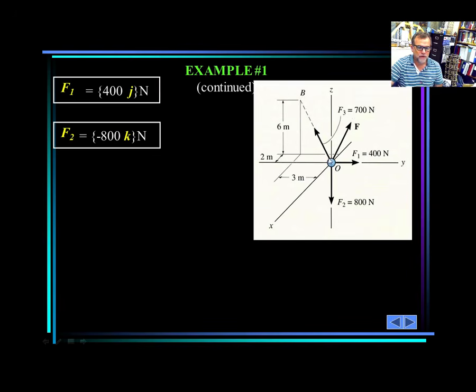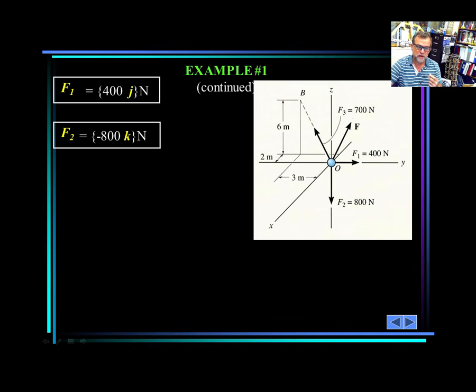And now we have the force F3. We know the magnitude. Look at that: coordinates of this point, coordinates of that point. Immediately when you see that, it suggests what? A position vector. You calculate the position vector, divide it by its magnitude, and you get the unit vector OV. That unit vector you multiply by 700, which is the magnitude of the force F3.